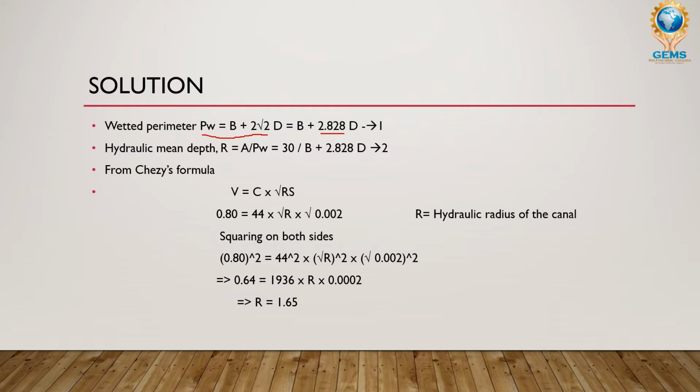This is a formula, please understand it. The area value is 30, which we calculated in the previous slide, divided by PW, which is B plus 2.828 D.